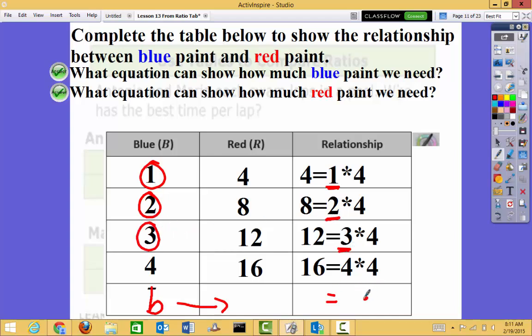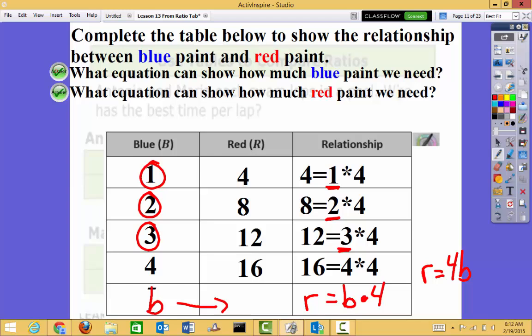I'm multiplying by 4. Every single time I was doing that multiplication by 4. So it's not going to be anything different here. I'm taking my blue, the only thing different is a variable, and I'm multiplying it by 4. So what does my red paint equal? My red paint equals B times 4, or R equals 4B for that equation.